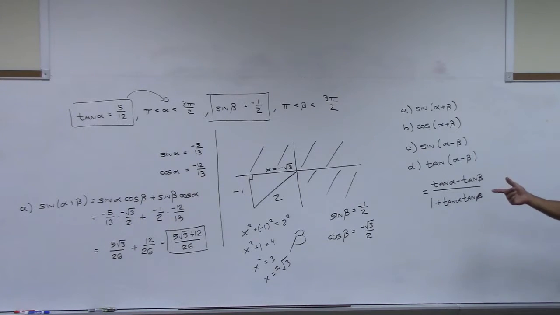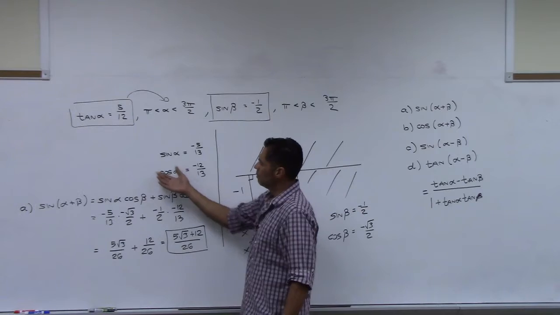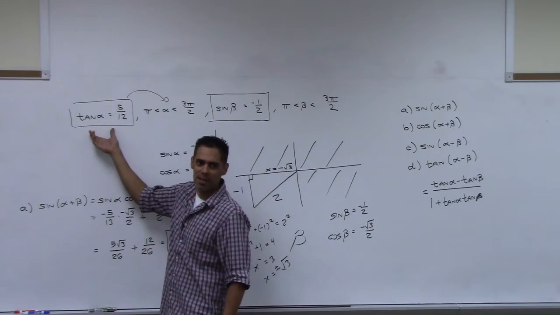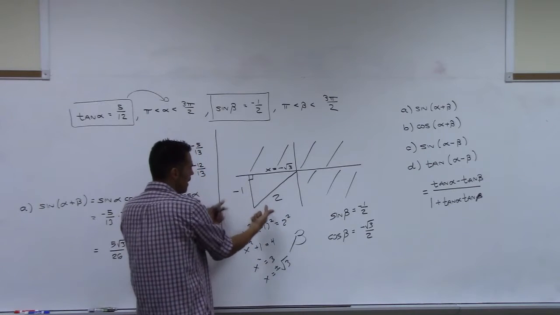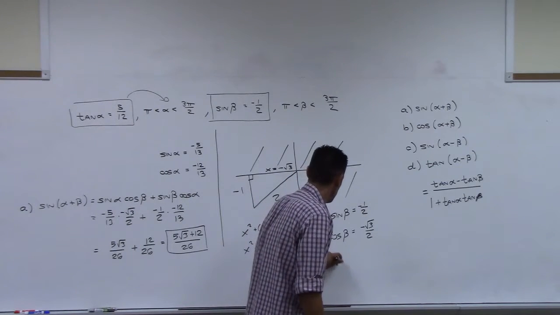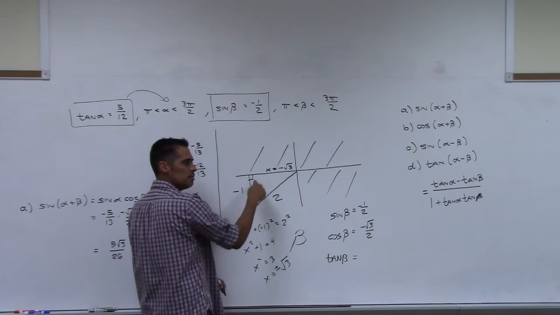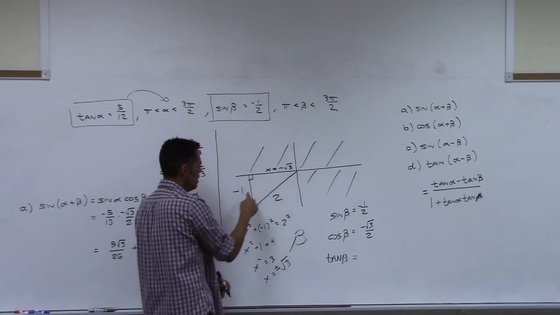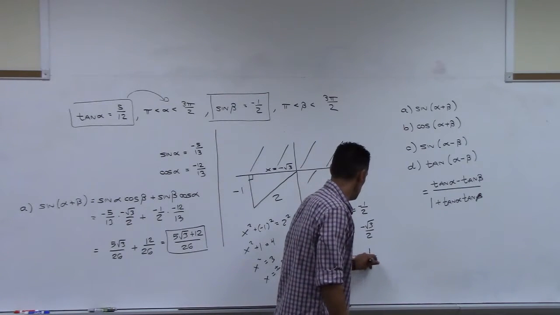We never wrote down what tangent of alpha and tangent of beta were. So let me do that over here. Do we know tangent of alpha? Oh yeah, we were given tangent of alpha. Oh, that's nice. Do we know tangent of beta? We could find it by just looking at the triangle, right? Tangent of beta is going to be this over this, right? Opposite over adjacent. Negative 1 over negative root 3 is just 1 over root 3.